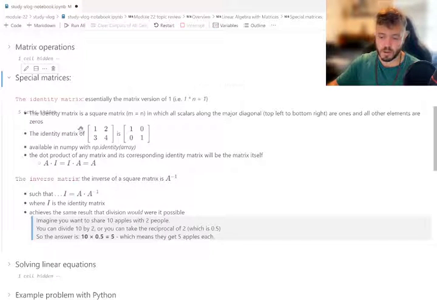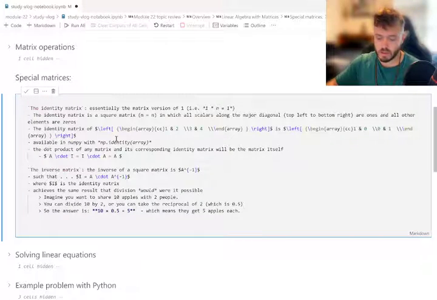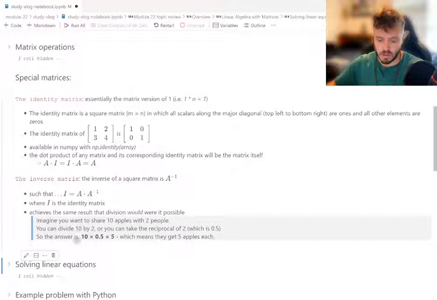So there are some special matrices. Before we talk about inverse matrix, there's the identity matrix. Basically the identity matrix is the matrix equivalent of the number 1.